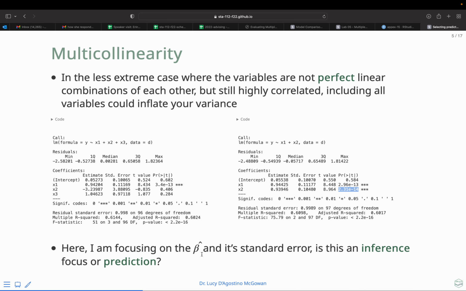Here I'm focusing on beta hat and its standard error. So is this an inference focus or a prediction focus?